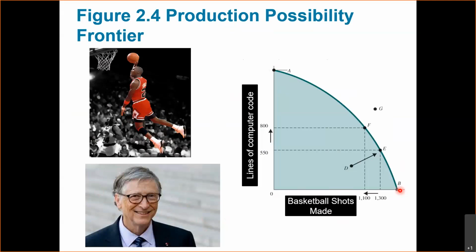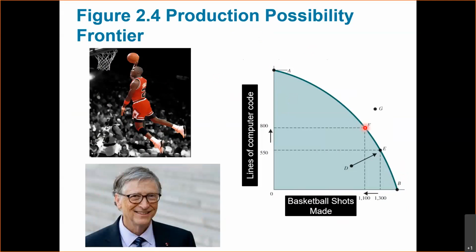We line up jockiest to nerdiest, so the person in the middle is like half jock, half nerd. The first King Nerd, Bill, goes to the lab, and then Michael goes to the gym, and we just allocate until we get to someplace like F. Now, if we're at F, society comes back and says, we want more shots being made.